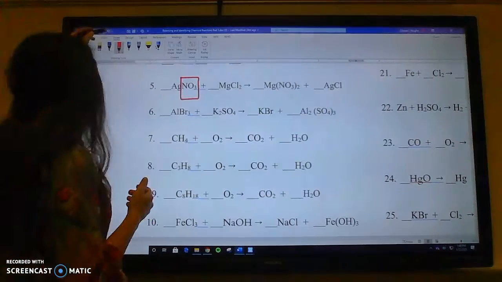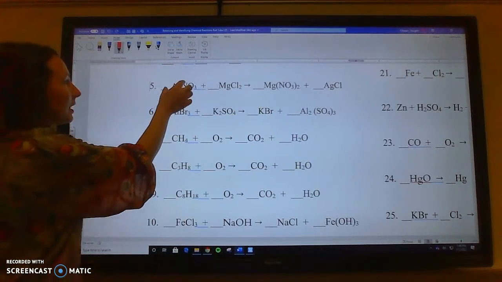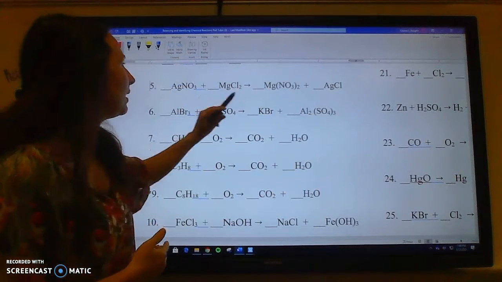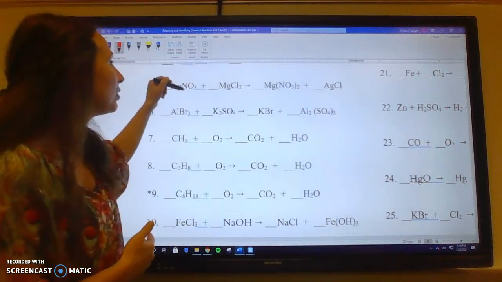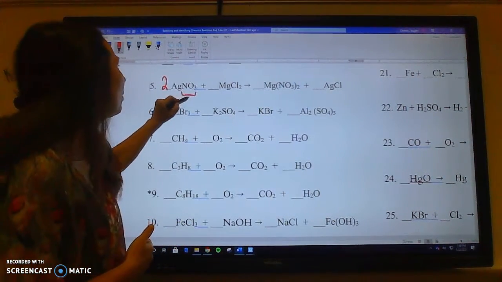I'm going to choose to leave those together. We only have 1 nitrate over here, and we know that because it doesn't have any parentheses around it. So there's 1 nitrate here, and over here we have 2 nitrates. So how do we make 2 nitrates over here? We put a 2 in this blank to balance out that whole thing.